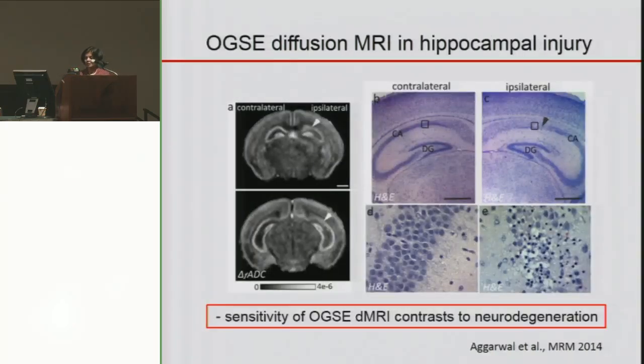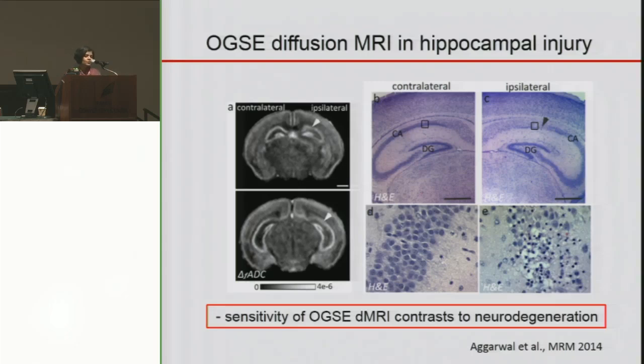And this is another example showing how we could use oscillating gradient methods to look at hippocampal neurodegeneration after injury. These are mice after hypoxia ischemia. On the left, I've shown fitted maps of ADC versus frequency. And here again, we can see that there is a localized loss of contrast in the ipsilateral hippocampus, which we can see here and possibly here.